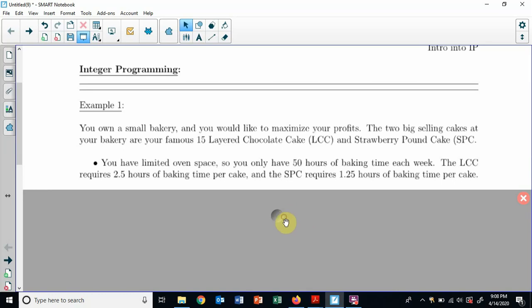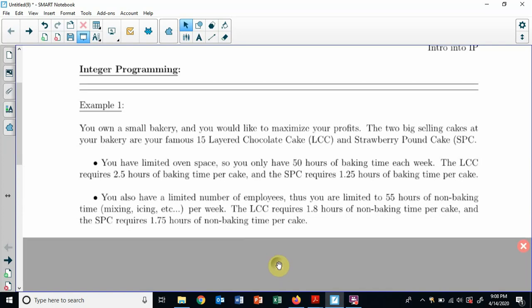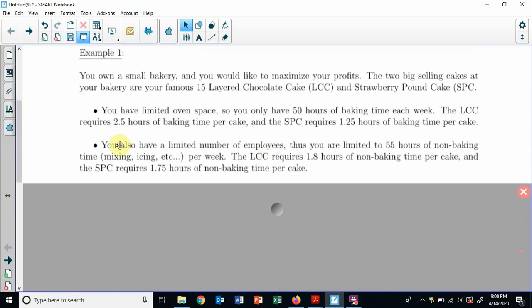Now you also have a limited number of employees. You're a small bakery, so there's only so many work hours around to do stuff. You only have 55 hours of non-baking time per week, like mixing ingredients, icing cakes, putting them out on the shop, all that kind of stuff. The layered cake takes 1.8 hours of non-baking time per cake, while the strawberry one takes 1.75 hours of non-baking time.